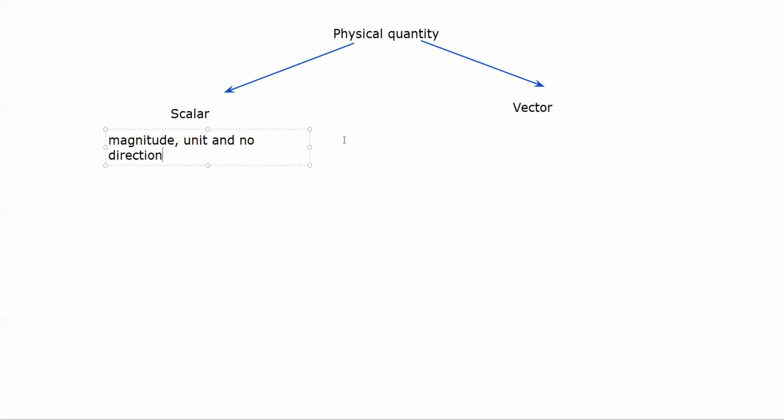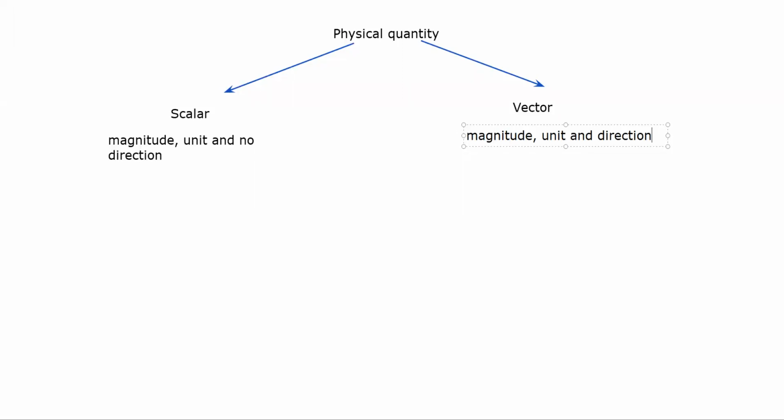Whereas a vector quantity has magnitude, unit, and direction. So if all three things are there, we call that a vector quantity. If there's magnitude and unit but no direction, we call it scalar.